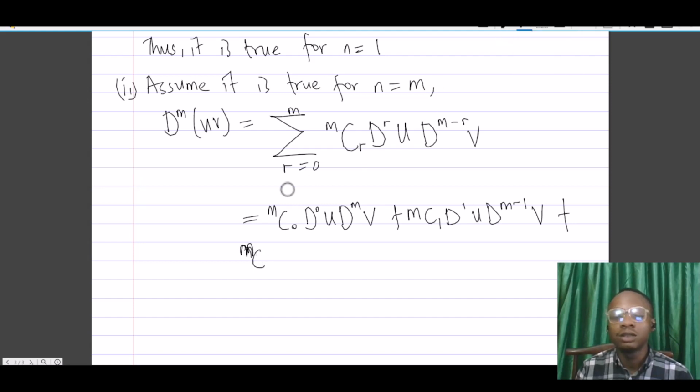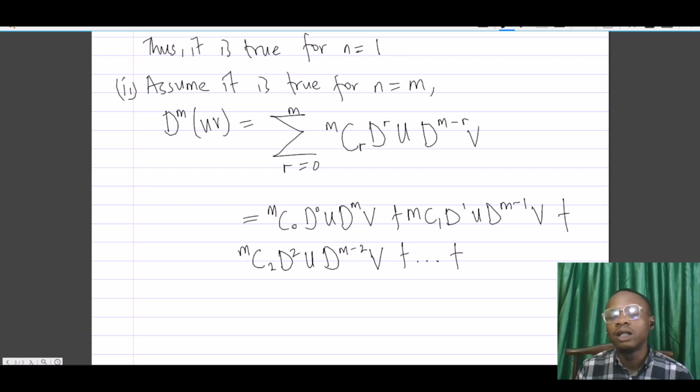So let's write this properly. This will be m combination 2 of d2 of u, then the m minus 2 of v, and that continues like that.